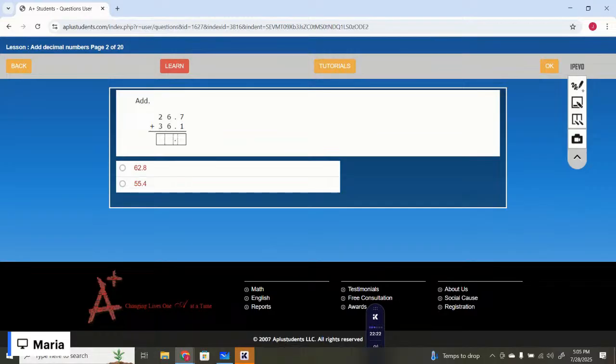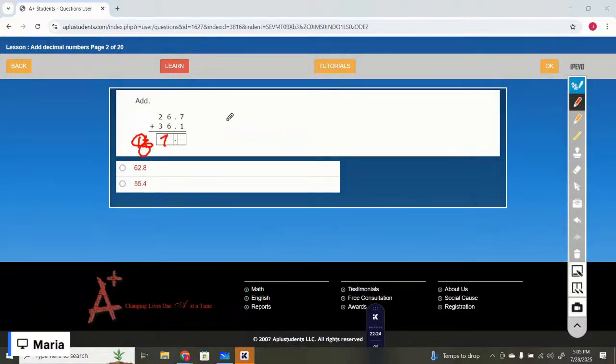Twenty-six point seven plus 36.1. 7 plus 1 is 8. 6 plus 6 is 12. Write 2 and carry 1. That is 62.8.